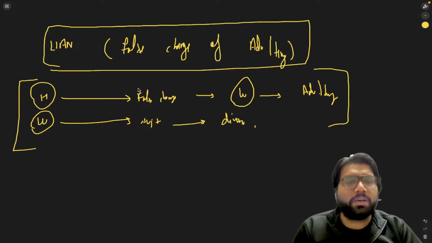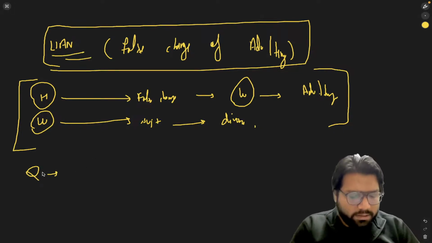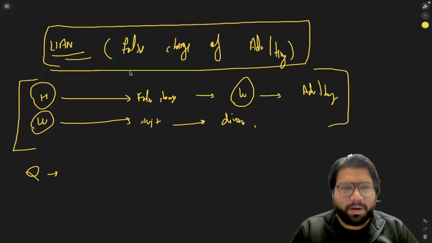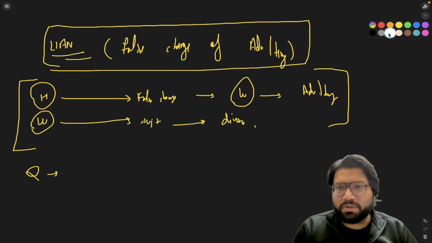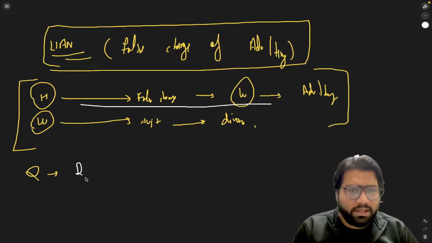Okay. Now my question to all of you is, when it comes to the concept of lien, can this statement which has been passed by the husband, the false charge against the wife, have any chance of retraction?